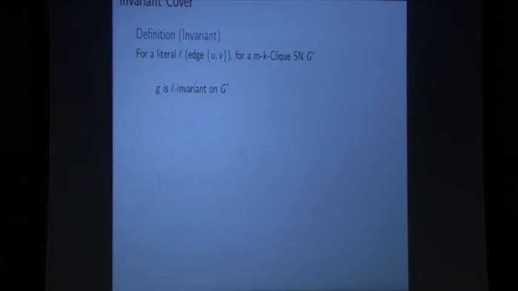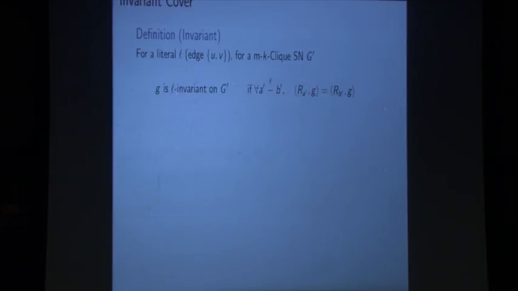A vector is L invariant for some literal L on a certain switching network if the following condition holds: for every pair of nodes A prime and B prime on G prime connected by an edge labeled by the literal L, the reachability doesn't change as you go from one truth table to another, when viewed at the Fourier angle at G. If it doesn't change, then G is L invariant on G prime. In other words, it fixes the progress of the change in truth table.